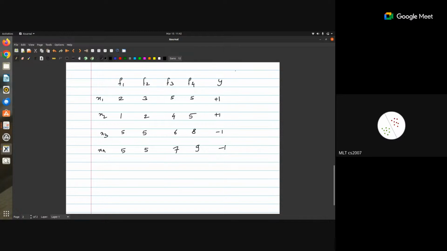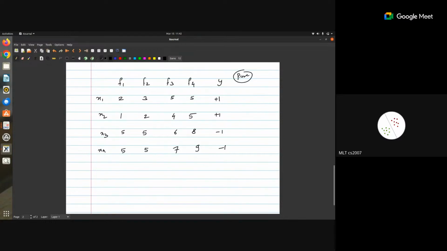So is this a pure data set or an impure data set? Impure, right? Why are we saying it's impure? Because it has both classes, plus 1 and minus 1.